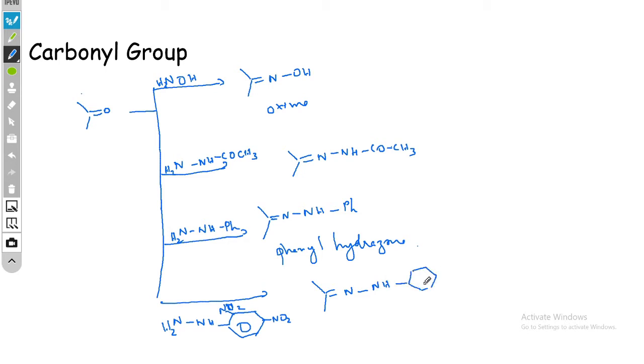So if we get a positive test for any of these, we can say that the alkaloid contains a carbonyl group.